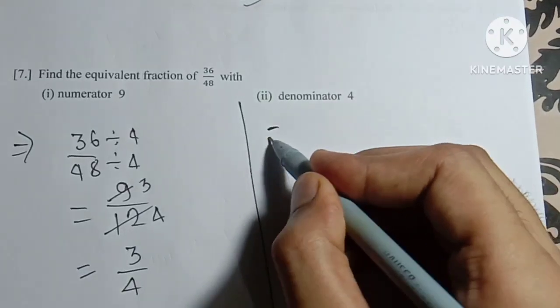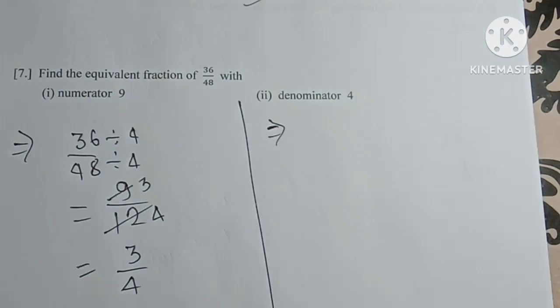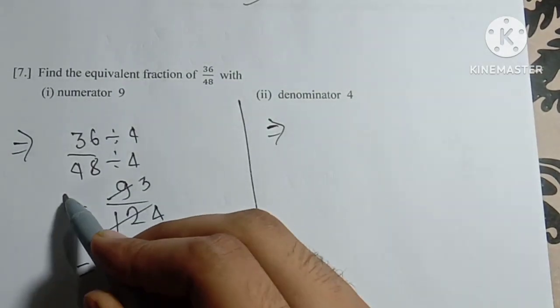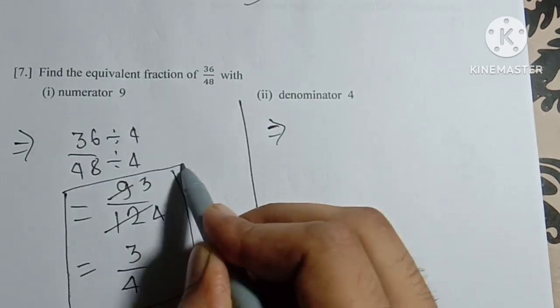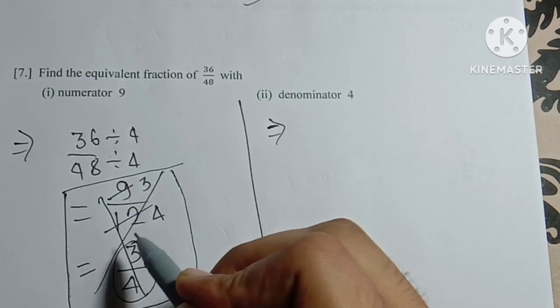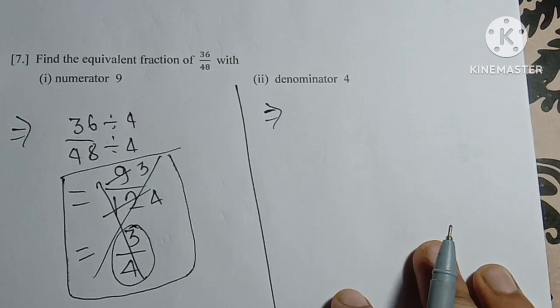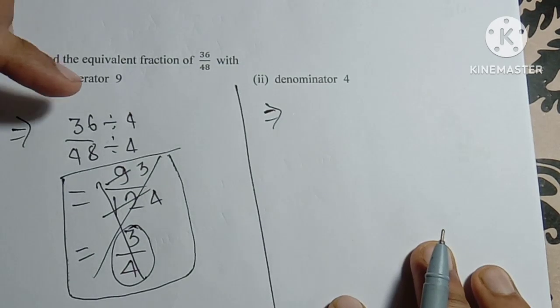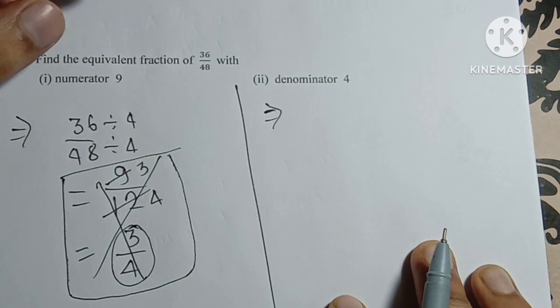Listen my brother, what I have just shown you is completely wrong. You do not have to do this further simplification, because when you do it and get 3 by 4, I did it very consciously to show you that you should not do this wrong practice in your exams. You have been asked by the author that the final result must contain numerator as 9.